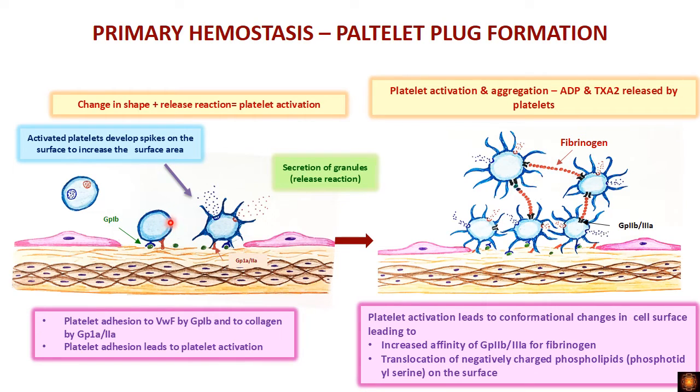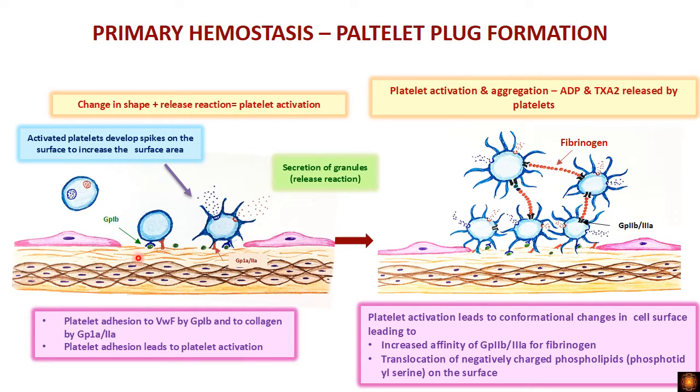How they adhere is they have glycoprotein molecules on the surface: mainly glycoprotein 1b attaches to the von Willebrand's factor, and another glycoprotein molecule, GP1a/2a, attaches to the collagen in the subendothelial tissue. Once the platelets attach to the von Willebrand's factor or the collagen, they get activated.